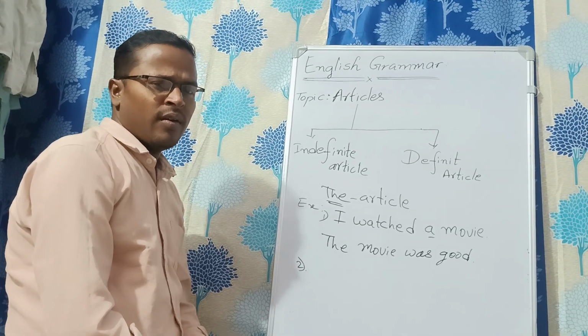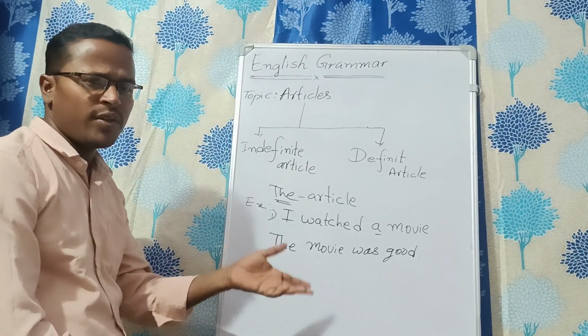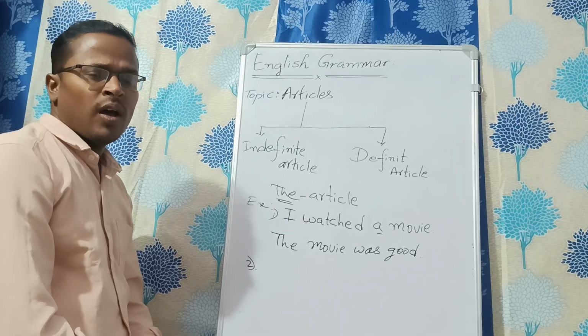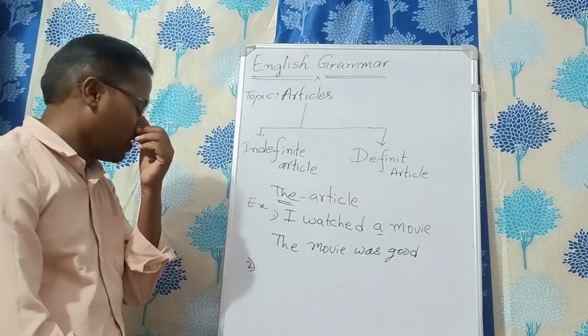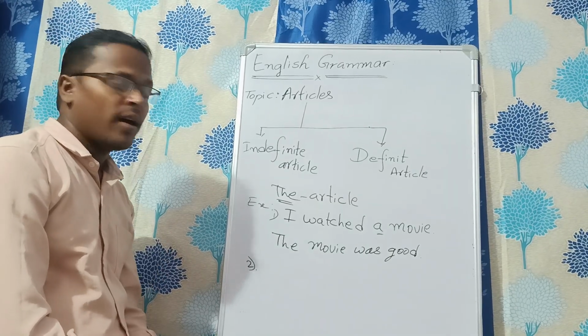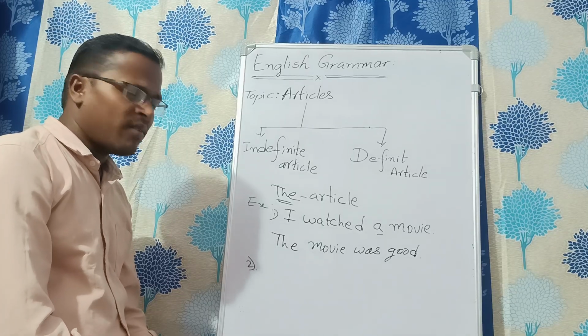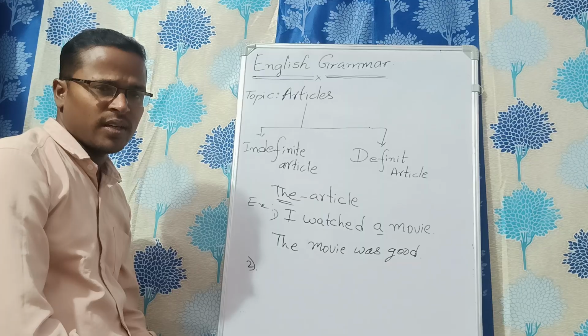Means when you are talking about lion the second time, we are using the. But the first time when we used lion in the story, we are not using the. Once upon a time there was a lion in the forest. The lion was the king of the forest.